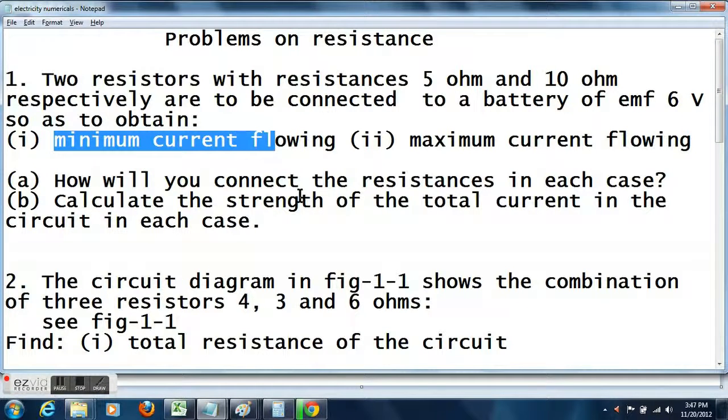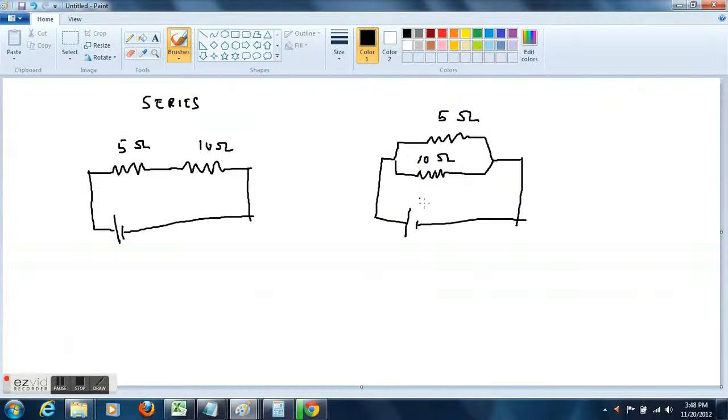Now when I am connecting in series 5 and 10 ohm, the net resistance is 5 plus 10, that is 15 ohm, and the battery is having 6 volt. So in the case of series connection, the current flow will be potential difference upon resistance.